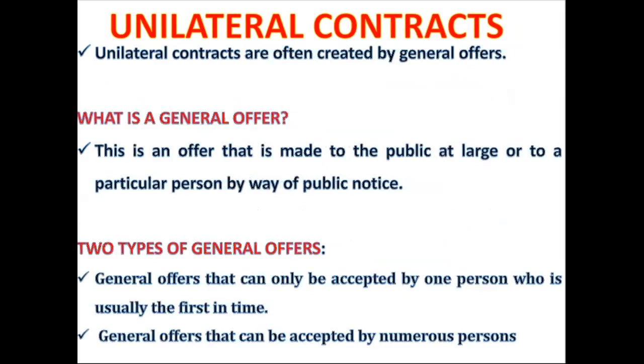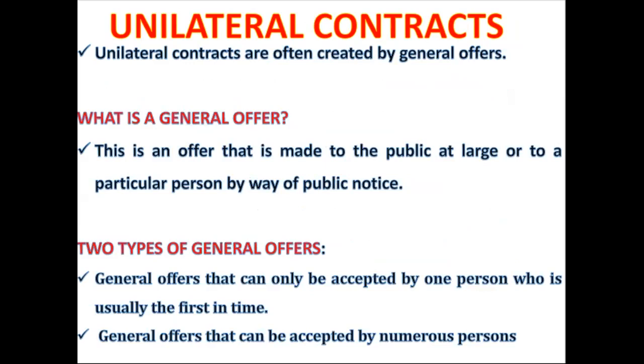Now, how are unilateral contracts created? They are usually created by general offers made to the public at large or to a particular person by way of public notice. You remember once again the case of Carlill and Carbolic Smokeball. The offer was whoever will buy this medical preparation, use it and contract the influenza, we will pay this amount of money.